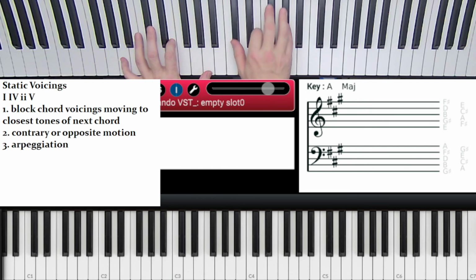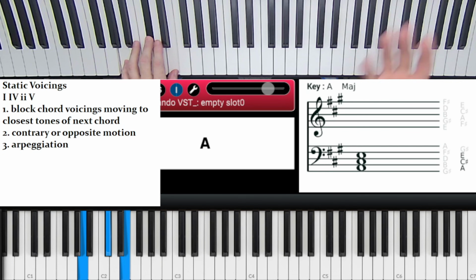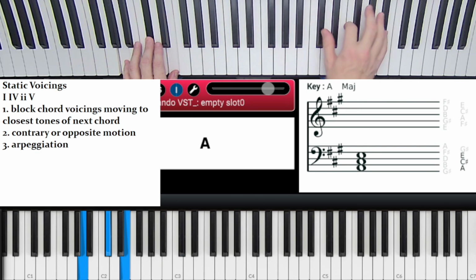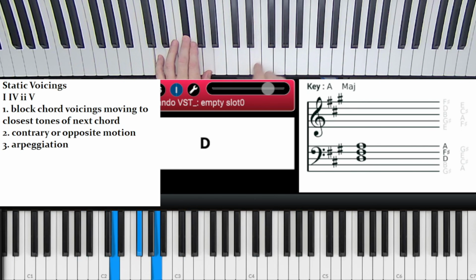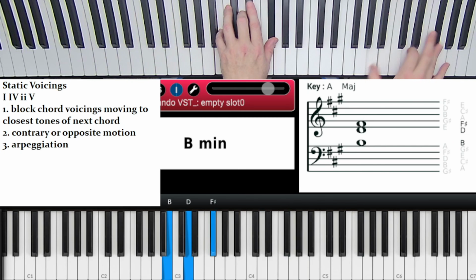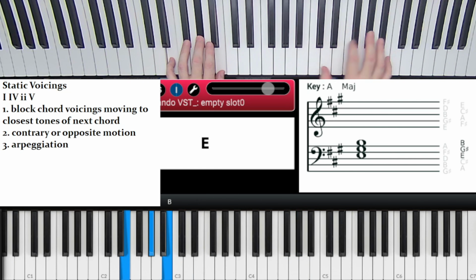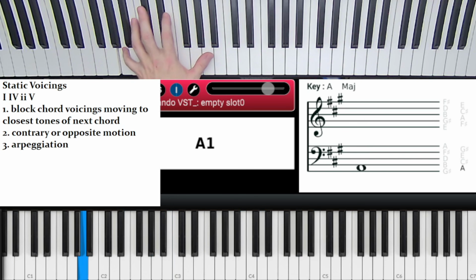Now we're starting to generate a little bit more interest with staticness by doing such things. So again, a chord a third above the triad automatically gives us that seventh. So just keep this in mind if you struggle to find the seventh. That's a really quick and easy way to do it, and it works well with arpeggiation.